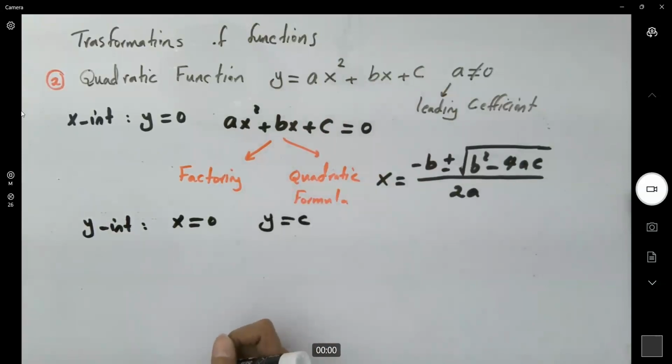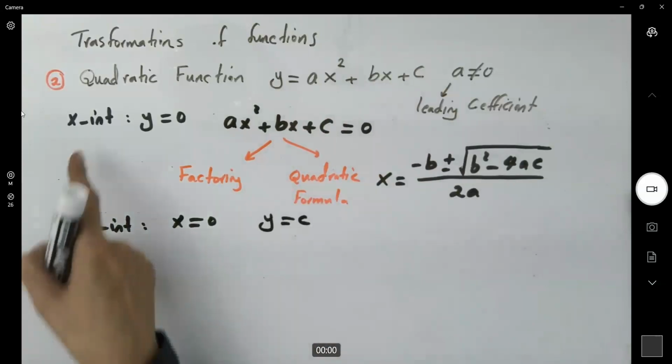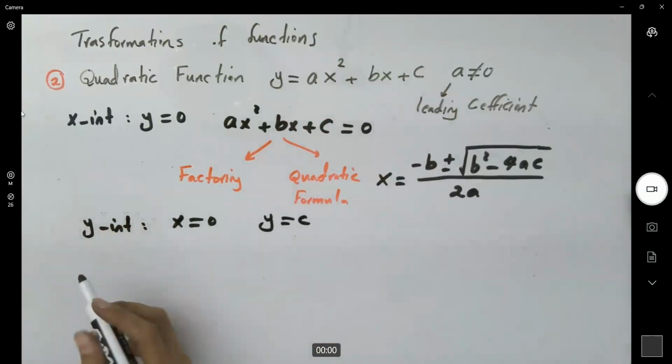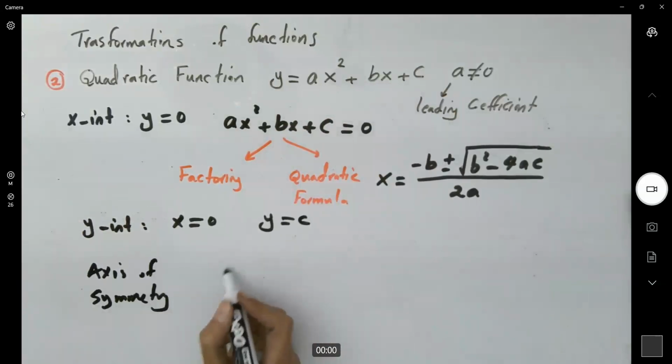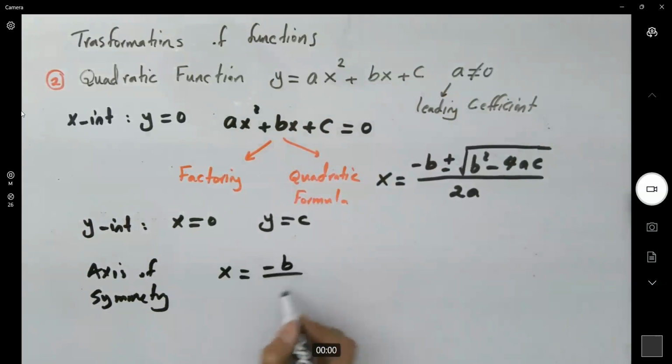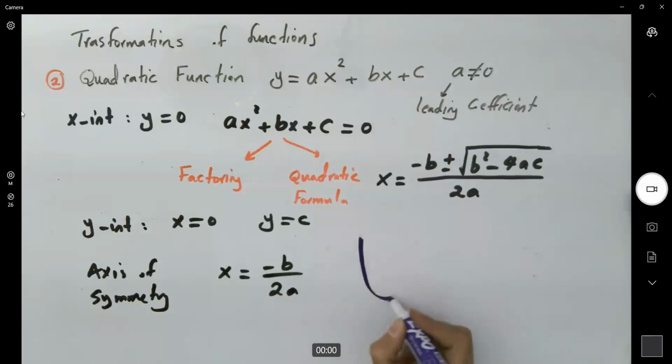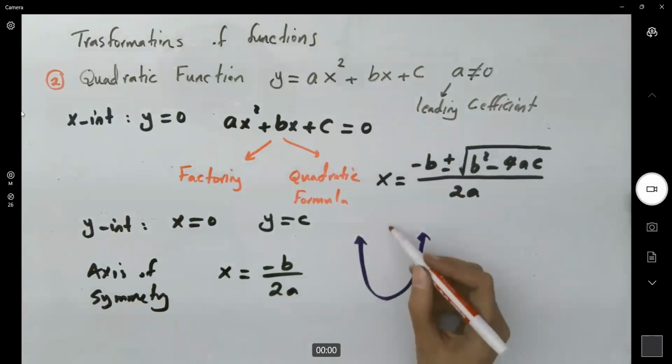One more thing we talked about for quadratic functions was the axis of symmetry. The axis of symmetry is x equals negative b divided by 2a. This is a vertical line with respect to which the parabola is symmetric.